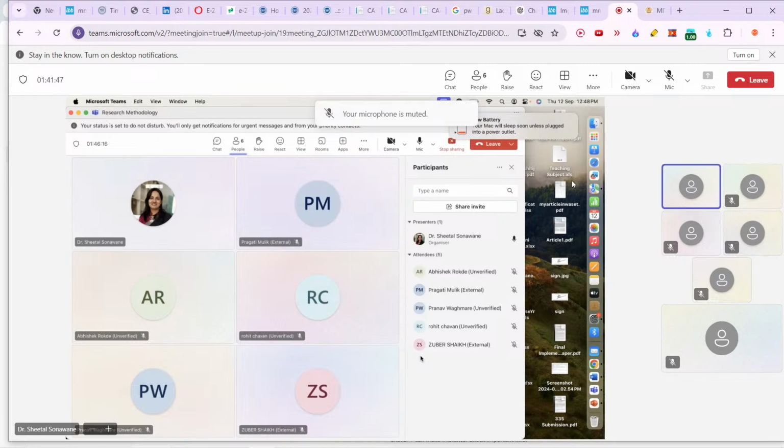Abhishek, I'm yet to get a roll number. I will write your name. Abhishek Ropde. Are you data science students or computer engineering? I'm from data science. Okay.